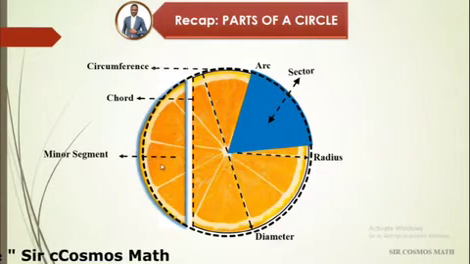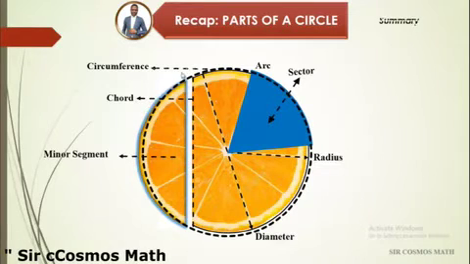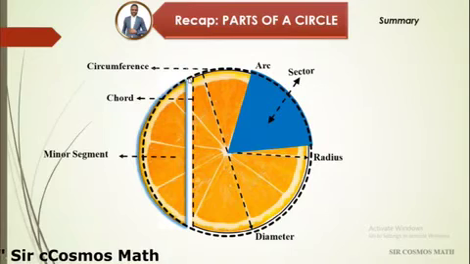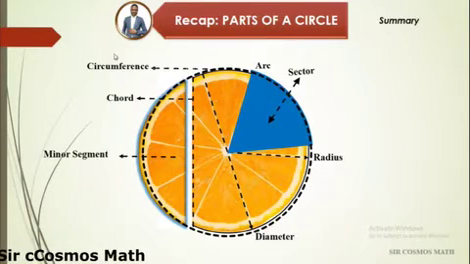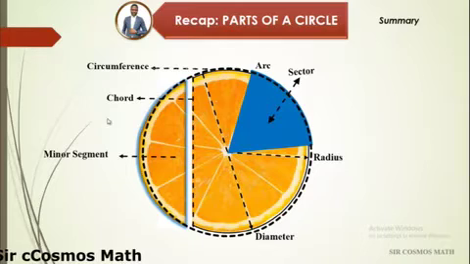Yes, let's go on. We say a segment is an area bounded by a chord and an arc. That one is called a segment because it is bounded by a chord and an arc.